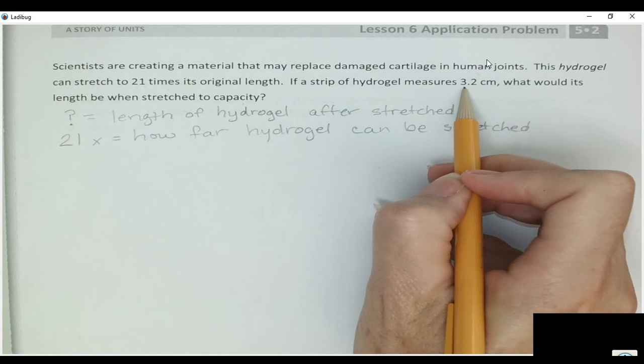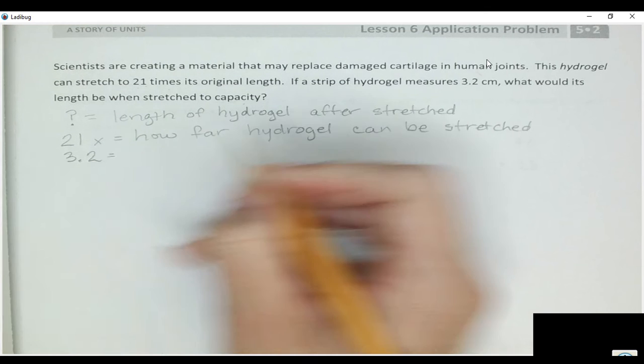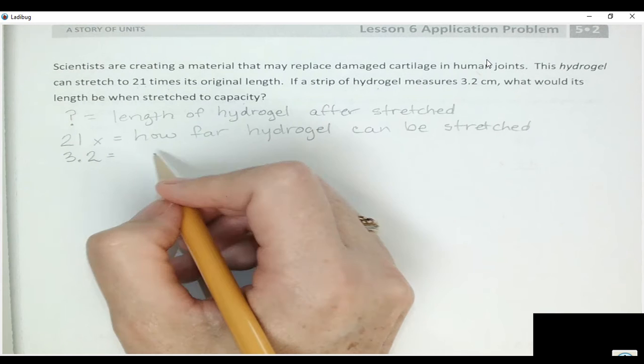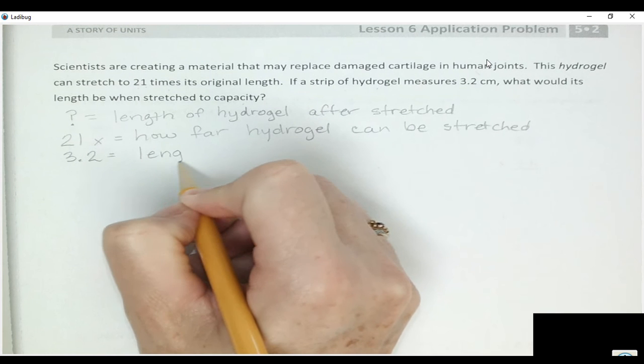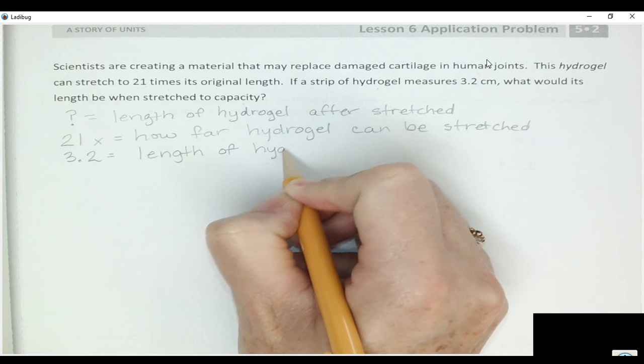And then 3 2/10 represents the length of the strip of hydrogel. So that is the original length of the hydrogel.